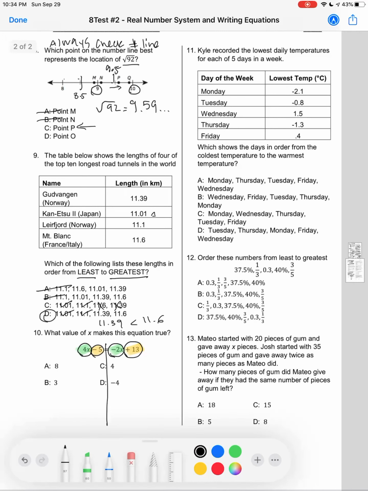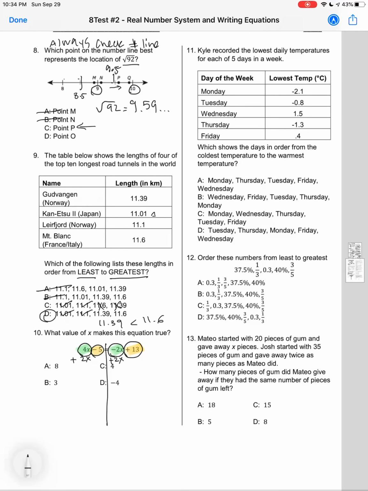We have no like terms, so we're going to move our least coefficient, which would be negative 2x, and add 2x to both sides. This will zero out. We'll be left with 6x minus 5 equals 13. Then we move the constant that's on the same side as the variable, and we're left with 6x equals 18. Our last step will be to divide, and x will equal our final answer there.